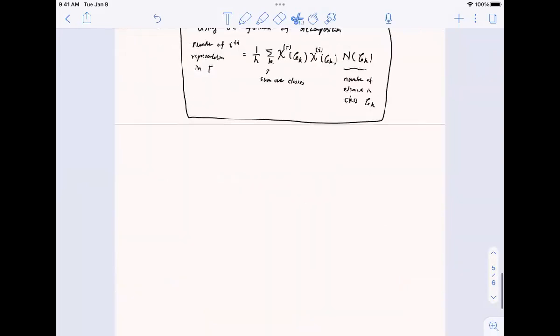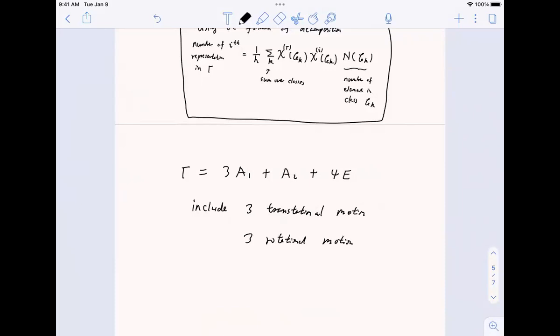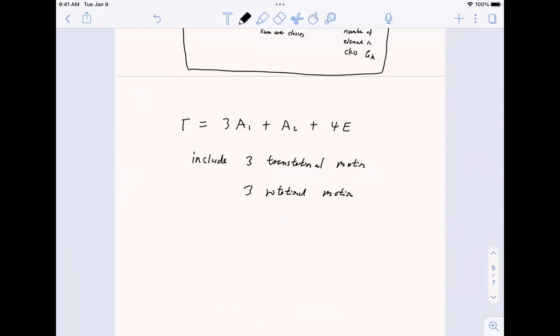It includes 3 translational motions, and 3 rotational motions, and then it will be 6 vibrational modes.